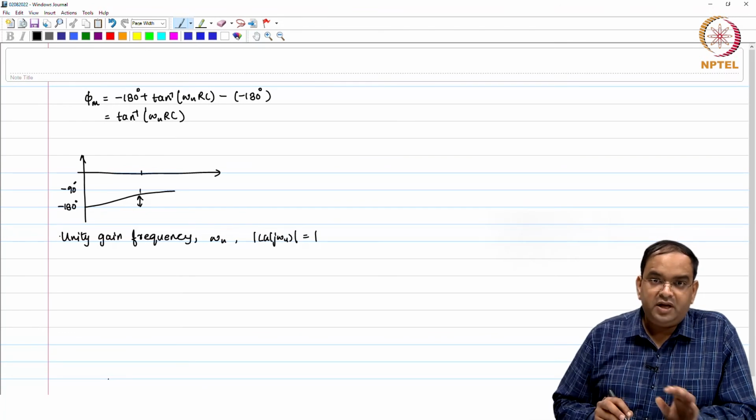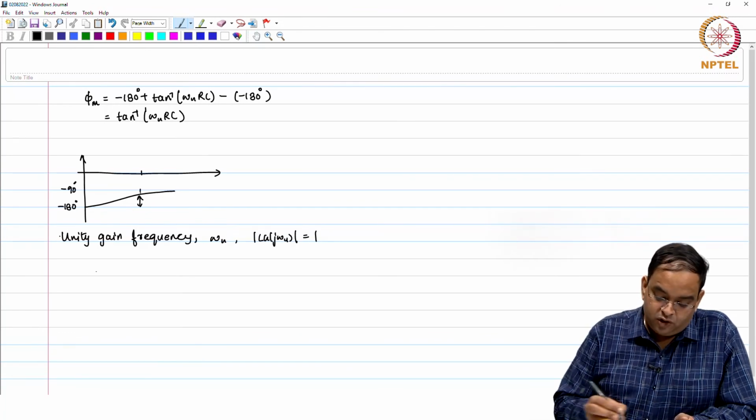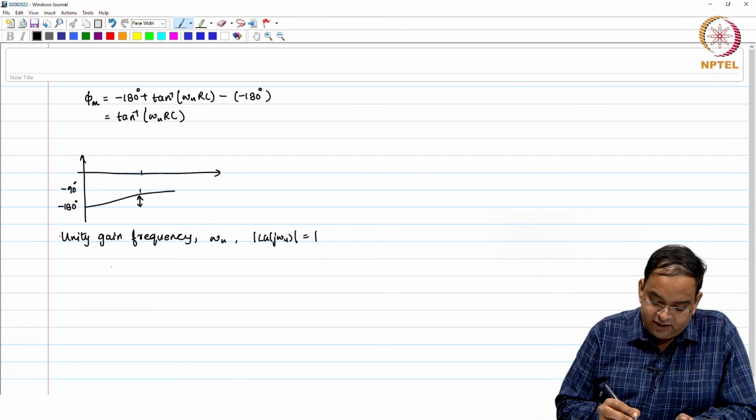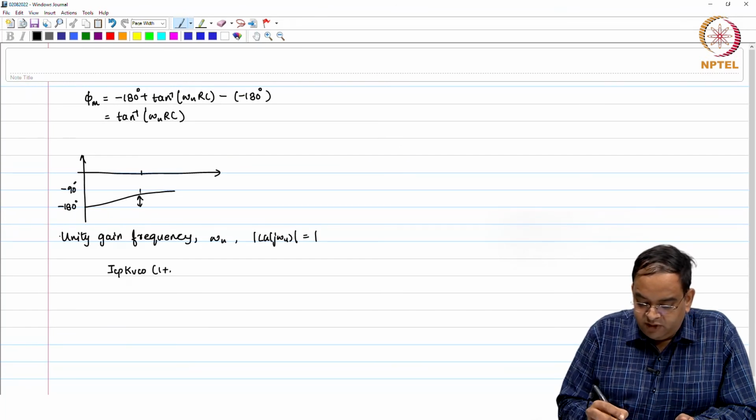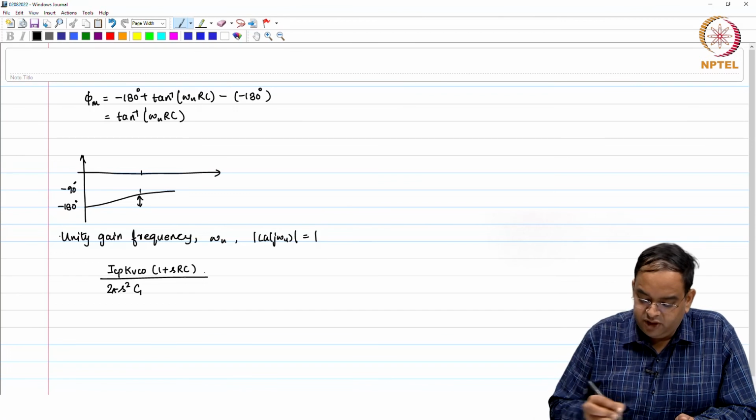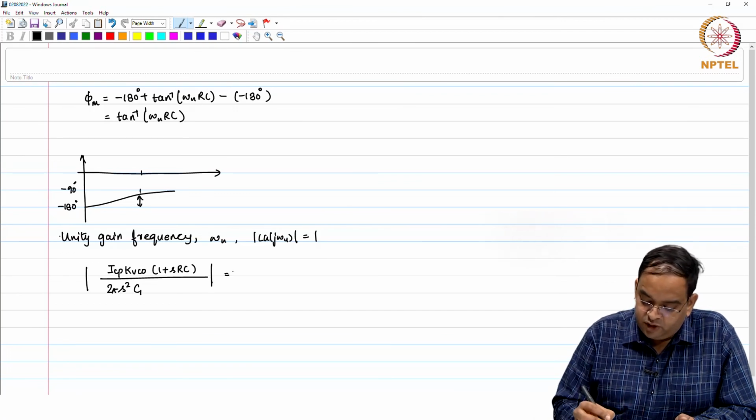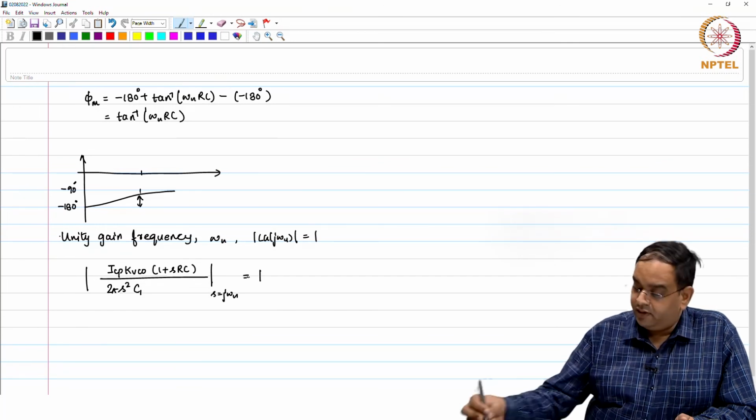So, you find the omega u from that loop gain expression, or you can also write it as ICP times KVCO into 1 plus SRC divided by 2 pi S square C1, this magnitude equal to 1 at s equal to j omega u. Okay.